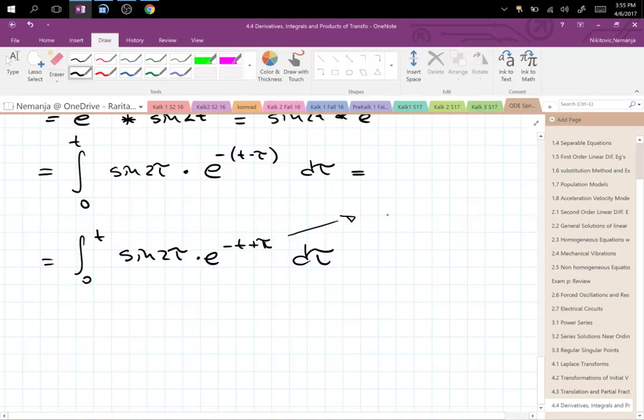So this piece can be written as e to the t times e to the negative tau. So I can kick e to the t out in front of the integral. You're not used to this, but you have to understand the integrals are in terms of tau. So e to the t is a constant, and you keep the rest: sine 2 tau times e to the negative tau d tau.